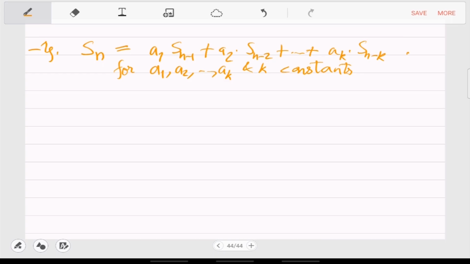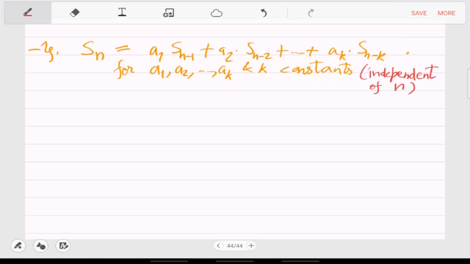So what does constant mean? Is n a constant here? Yeah, n is the only variable here. n is going to infinity. Everything else is constant. So you have to pick a1 to ak and k to be independent of n. That is what we will mean by constant.